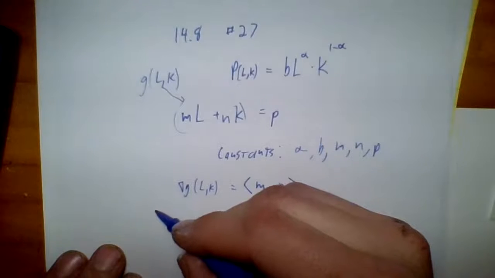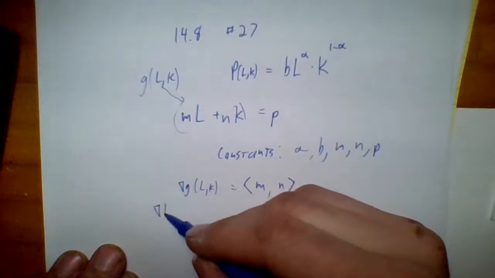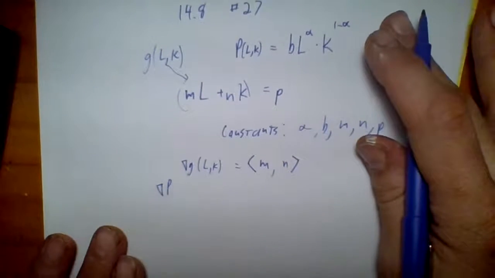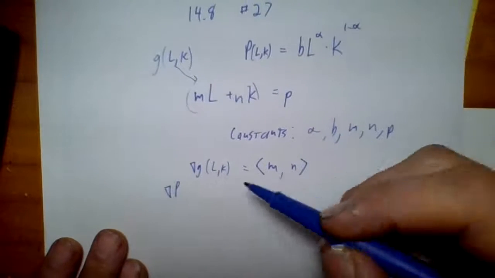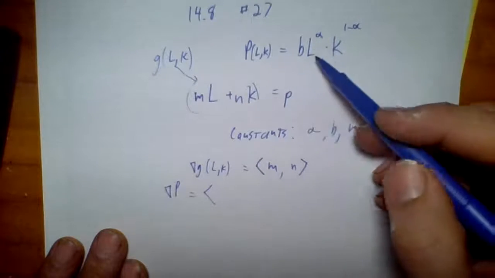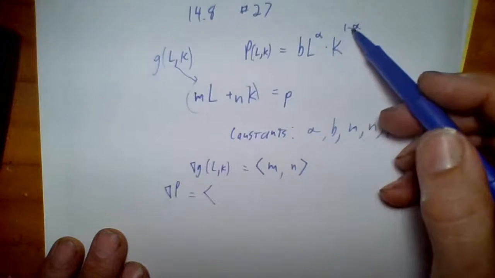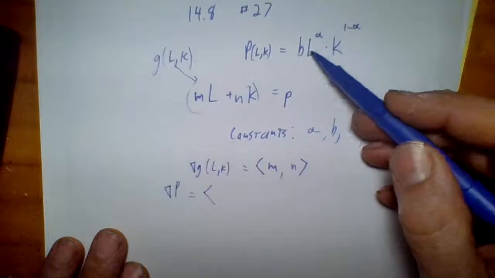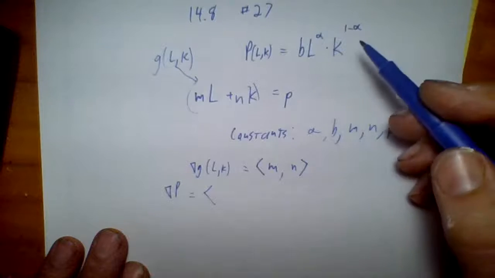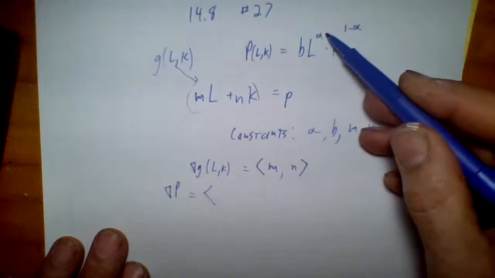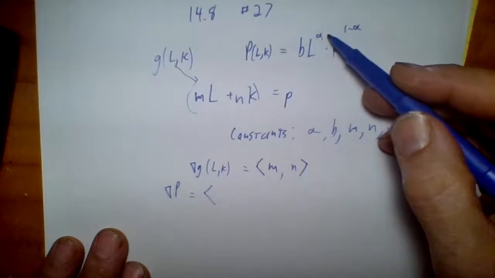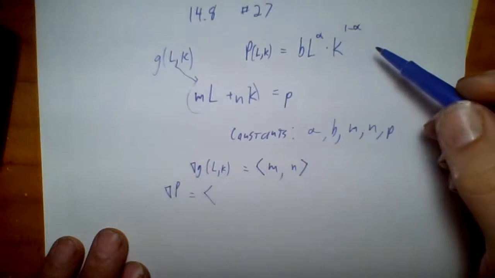Gradient P is a little bit more calculus work. This is the one step where we've actually got to do a little bit of calculus. I want the partial derivative of P with respect to L. These other things are constants then. L is the variable and alpha is an exponent, so it's just a power function, regular power rule.